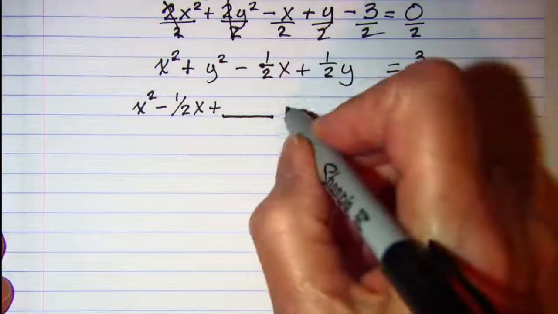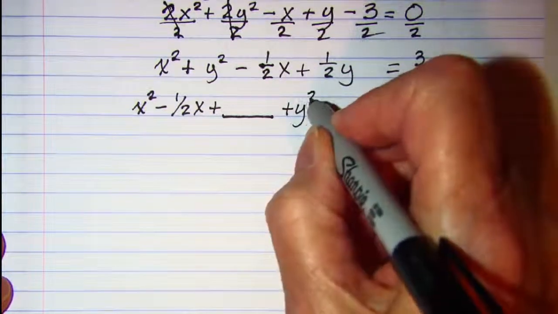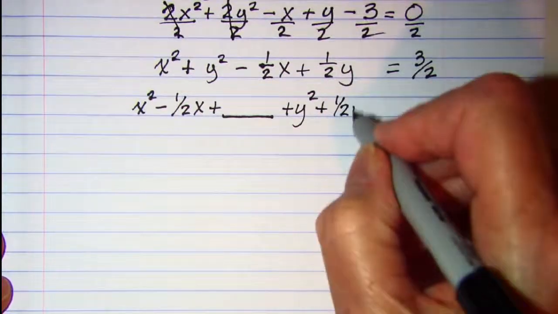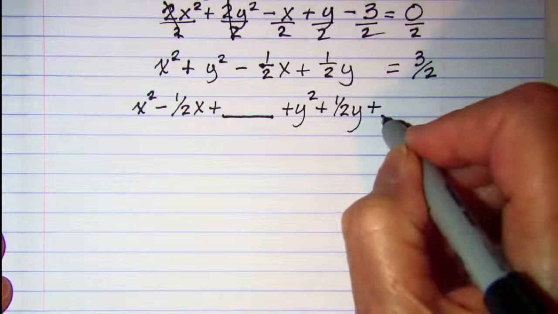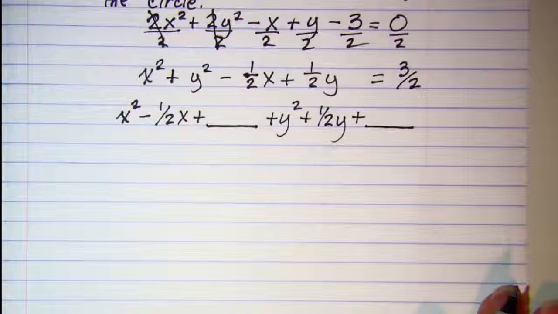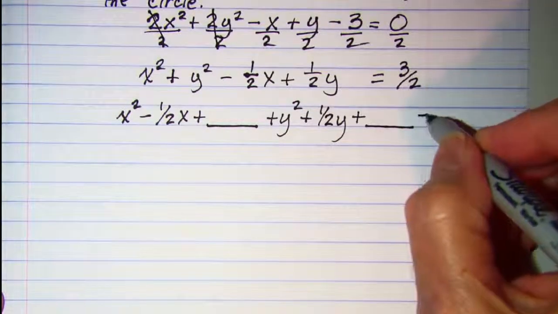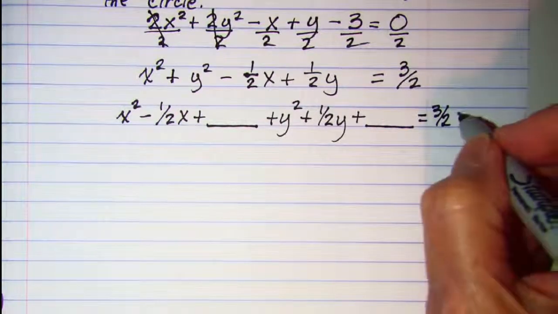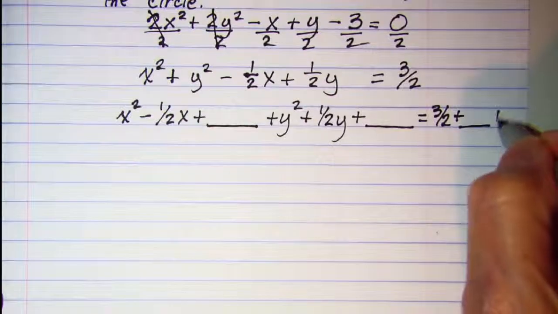And then I have my y squared plus 1/2 y. And then I'm going to put plus a space there. And then on the right side, I'm going to have my 3/2 constant plus a space plus a space.